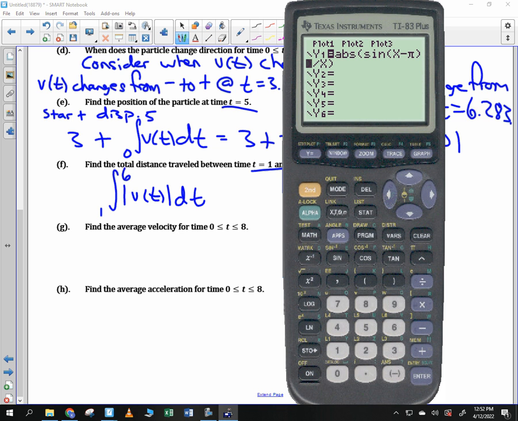Okay, I've got this one right here. Got it. So I'm going to look at the graph, and if I've done it correctly, it should stay above the x-axis the entire time. If it didn't, then I know I made a mistake, but it does. That's kind of cool. And I'm going to second calculate. I'm going to do number 7. And I'm going to roll from 1 to 6. And I get 1.333.